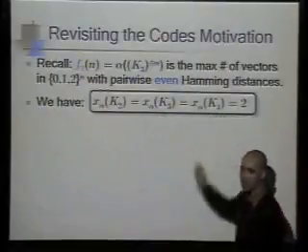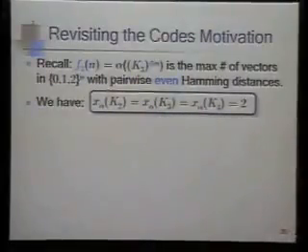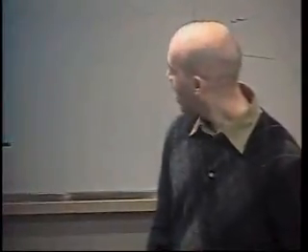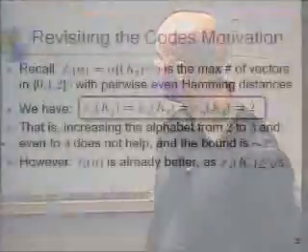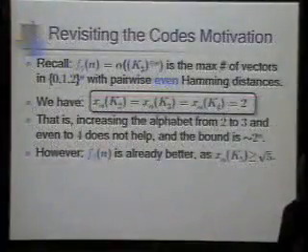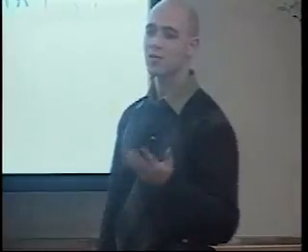And even with 4, you get 2 to the n. So this already looks promising. However, with 5, you already get an increase. So 2, 3, and 4 letters give you the same number of vectors asymptotically. You switch to 5, suddenly you get a better exponent: square root of 5 to the n.